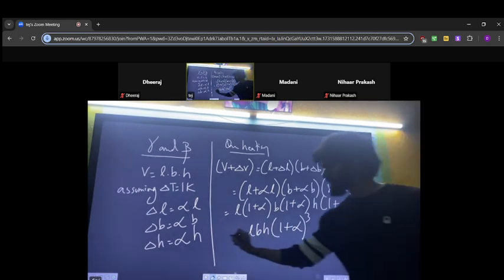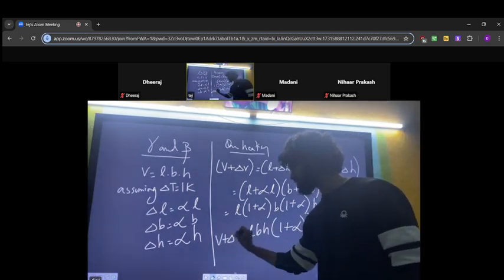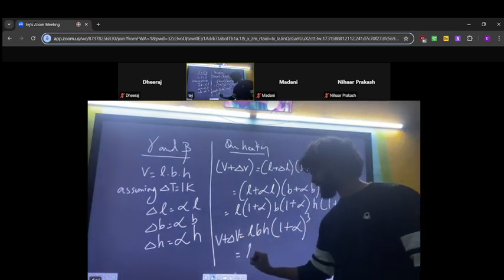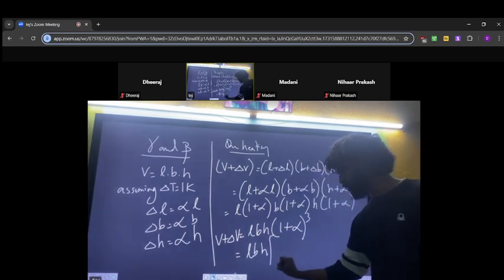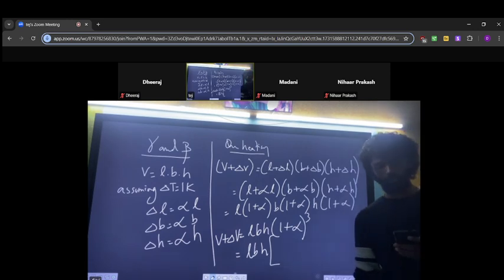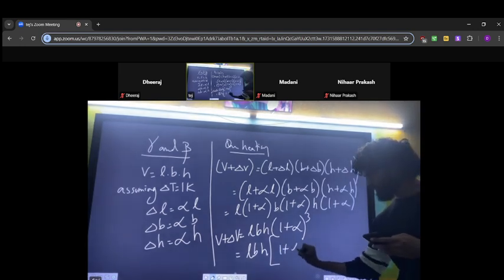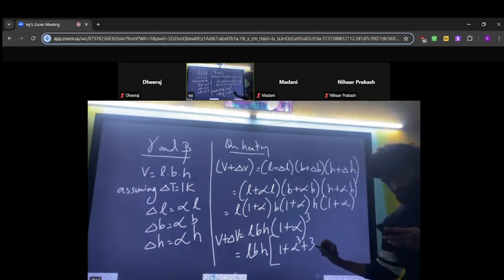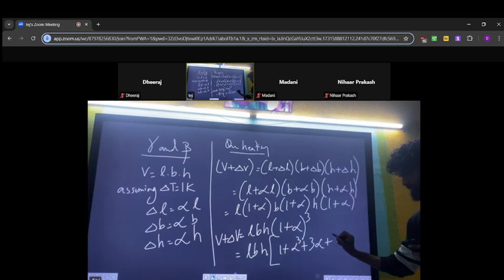That's all. So this becomes V plus delta V. Obviously, right? L, B, H as it is, open the bracket. Apply the (a plus b) the whole cube formula: a cube plus b cube plus 3a square b plus 3ab square. So it is 1 plus 3 alpha plus 3 alpha square plus alpha cube.